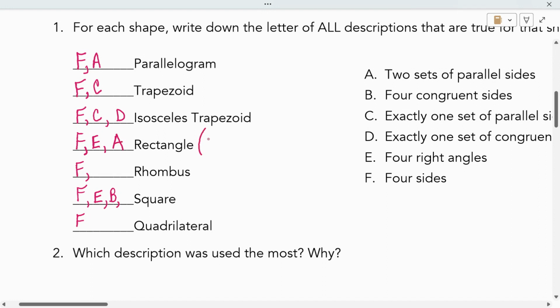So that means that a rectangle is a type of parallelogram. Say that again, nice and loud. A square would also have 2 sets of parallel sides. That means that this is also a type of parallelogram.